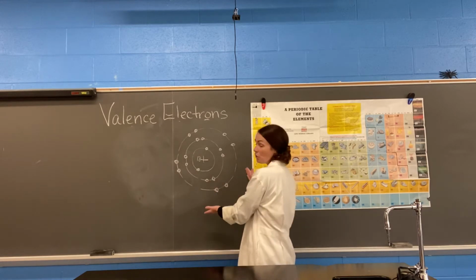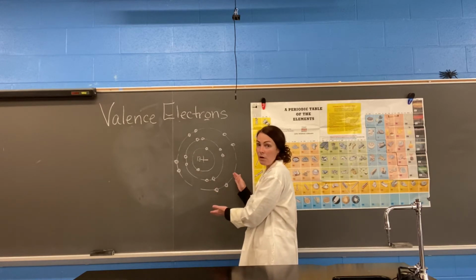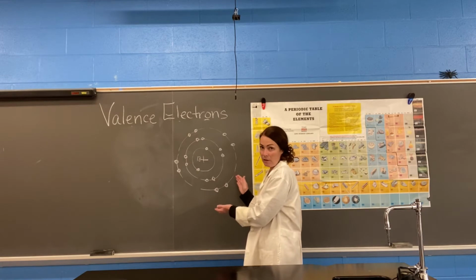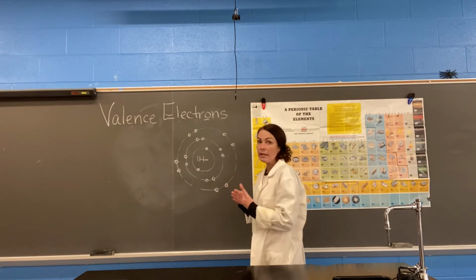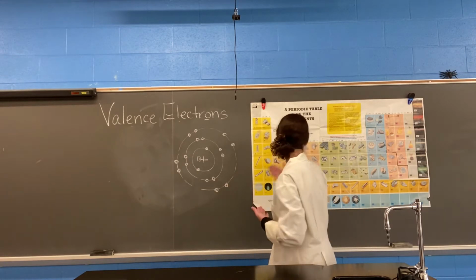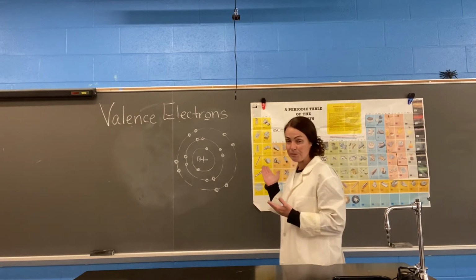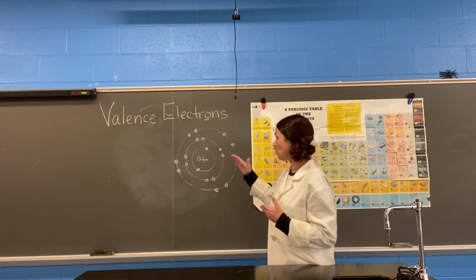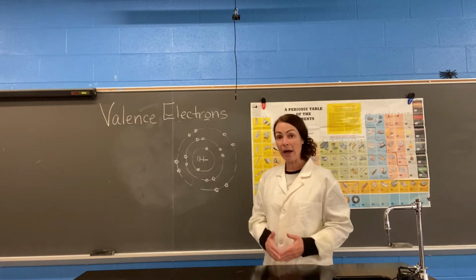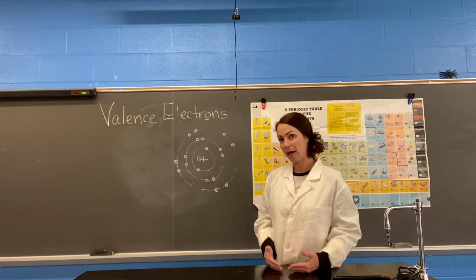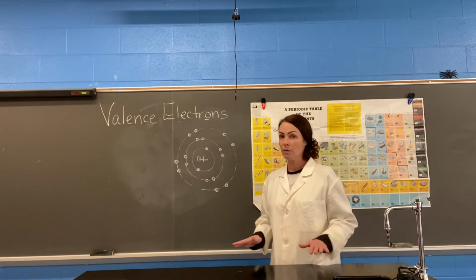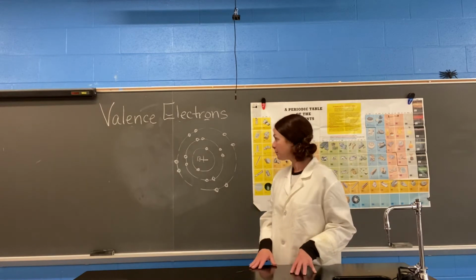And then we go to the third energy level, where we can also have 8 electrons, and then it is full. If we go past number 18, or argon, on the periodic table, we have to add more and more energy levels. But for our purposes and understanding how valence electrons work, we're not going past number 18.